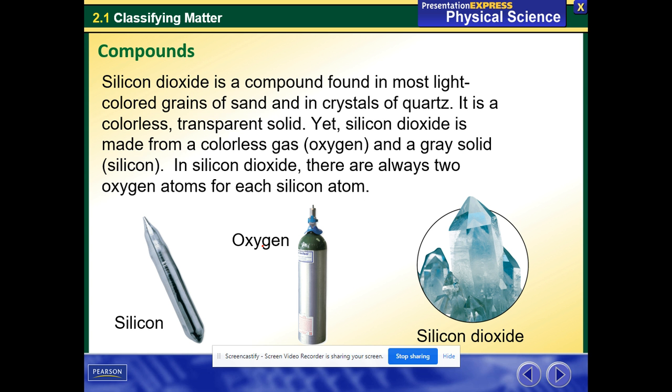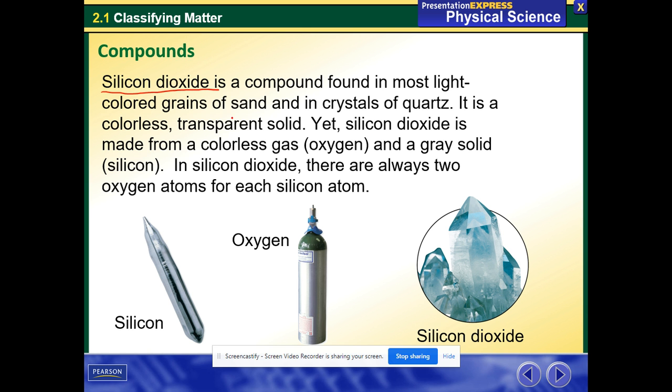Another example that the book gives you is silicon dioxide. Silicon dioxide is a compound. It is the light colored grains whenever you're looking at sand, and it's in crystals of quartz. The properties of silicon dioxide are that it's colorless and transparent and it's a solid.